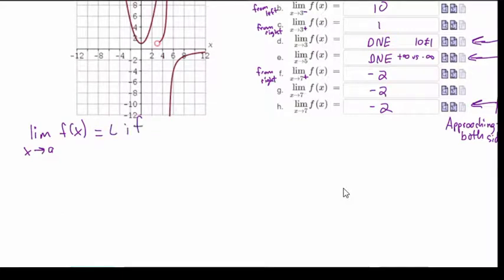if the limit as x approaches a from the left of f of x equals L, and the limit as x approaches a from the right of f of x also equals L. But basically, it has to approach it from the left and the right.